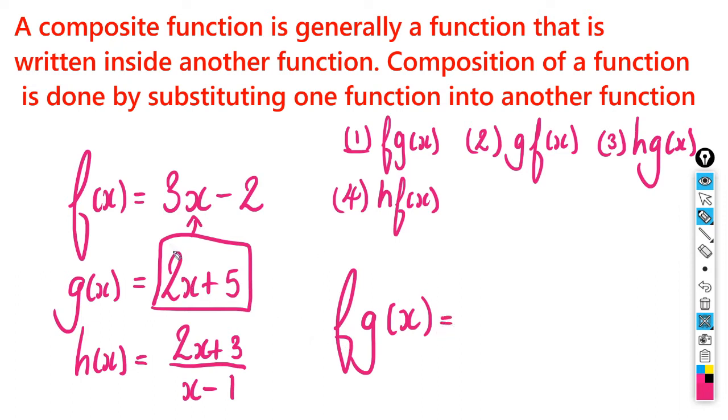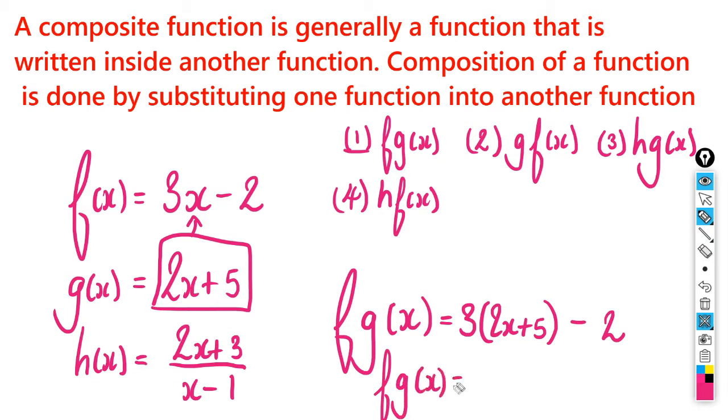So let me just explain that. Remember f of x is 3x minus 2. So this would be 3 times, minus 2, and then I'm going to put the g of x in there. So I'm going to put 2x plus 5 where the x is. So f of g of x will end up being 3 times 2x, which gives me 6x, and then 3 times 5 gives me plus 15, minus 2.